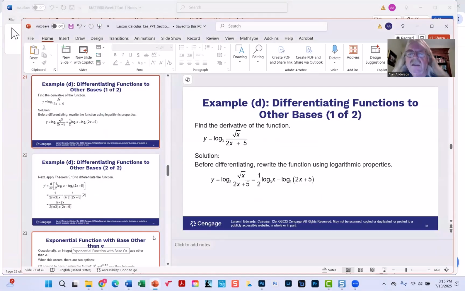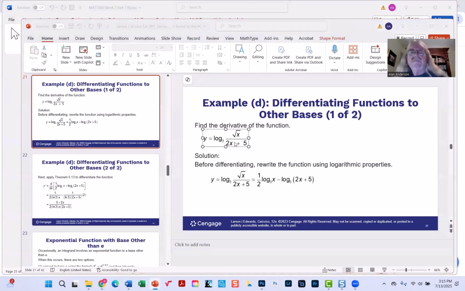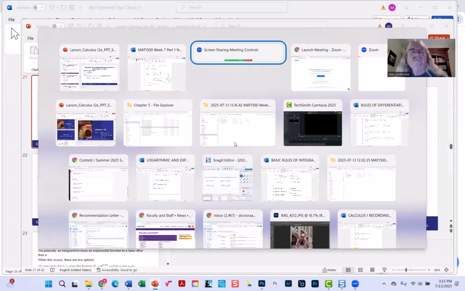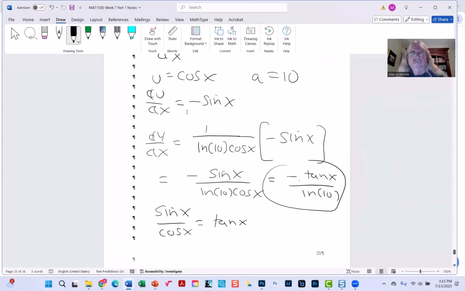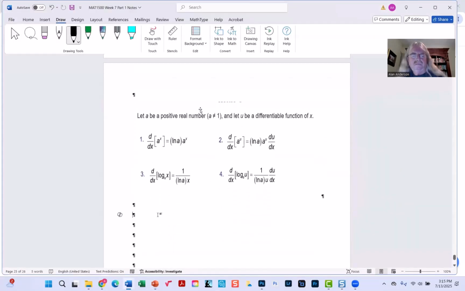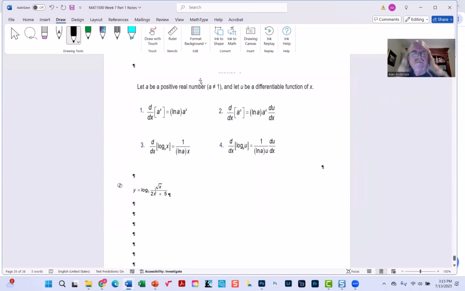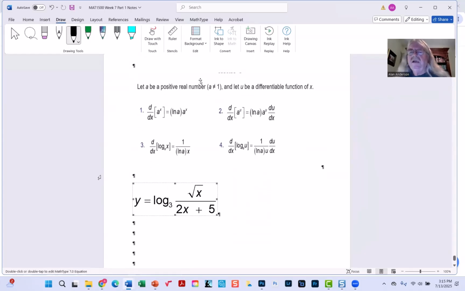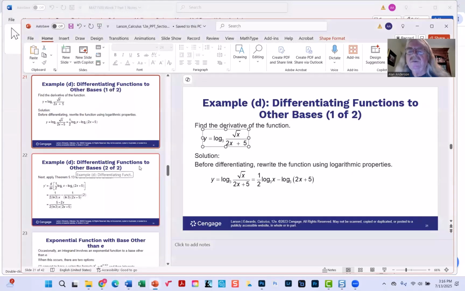Okay, so this is the next example. Let's see what they have for us. I think the idea here is that they want us to simplify this before we get started, because we're going to take a derivative and it's going to be an incredibly messy one the way it's written.